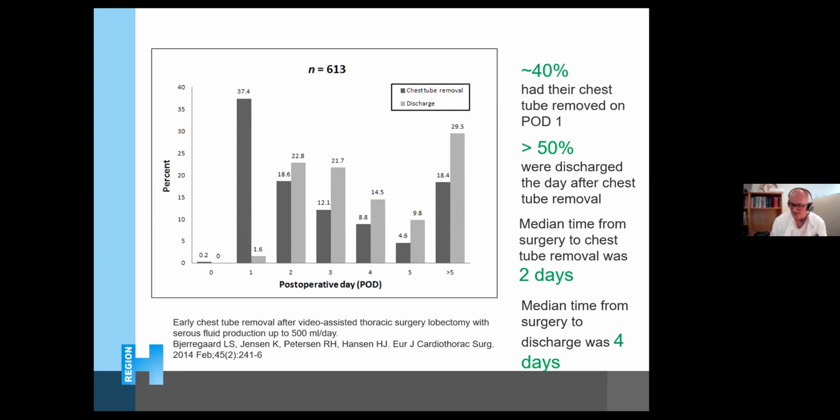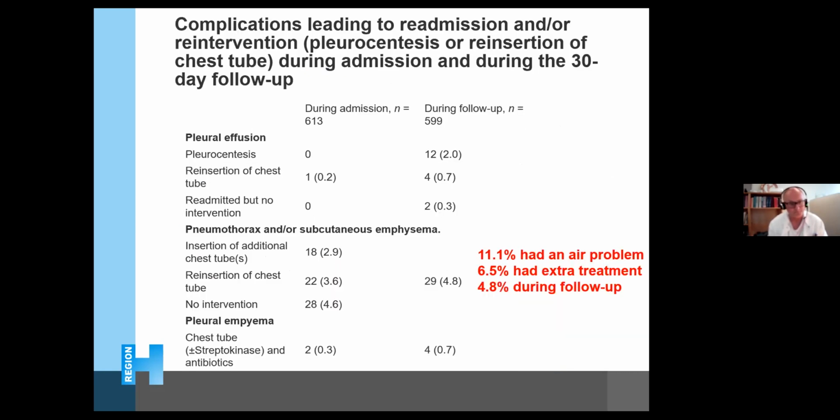Nowadays, we are down to a median length of stay of only 2 days after a VATS lobectomy. Regarding complications leading to readmission or reintervention in this paper, there were really only a few complications related to fluid, but we did see that 11% had an air problem and 6.5% had extra treatment due to an air leak. We also identified quite a few that were readmitted to the hospital with lung collapse or a major pneumothorax at the 2-week outpatient follow-up.